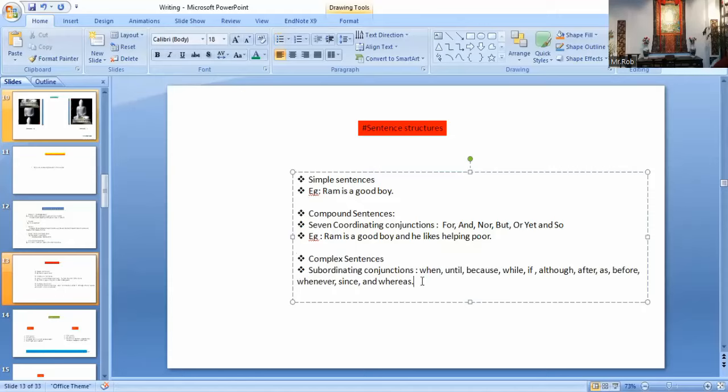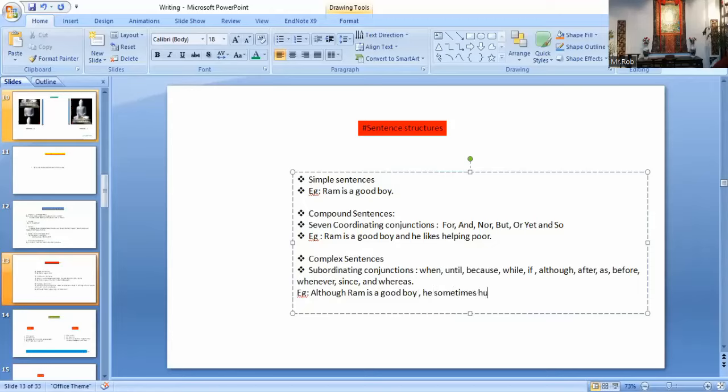And an example of a complex sentence using subordinating conjunctions is: although Ram is a good boy, he sometimes hurts small children.